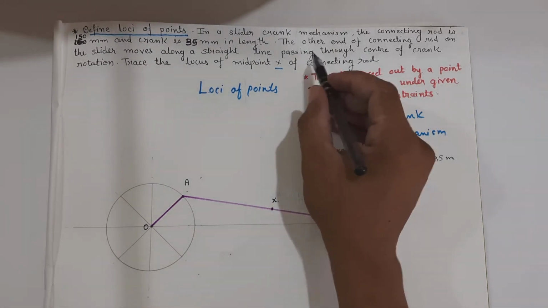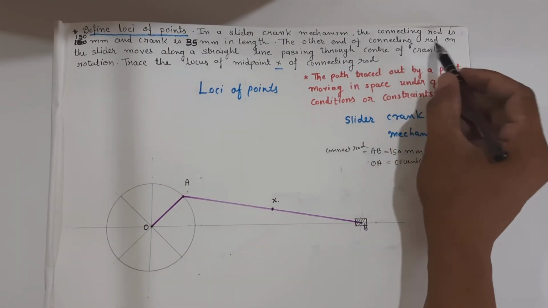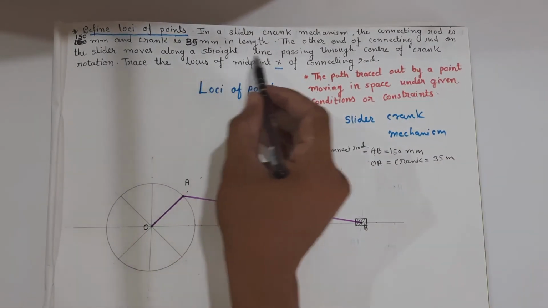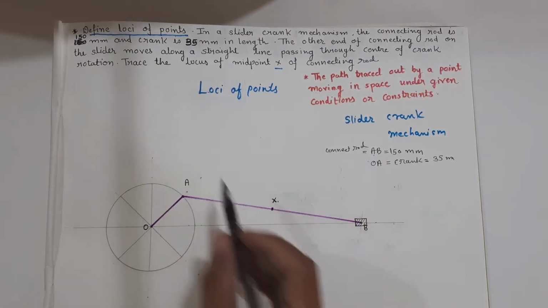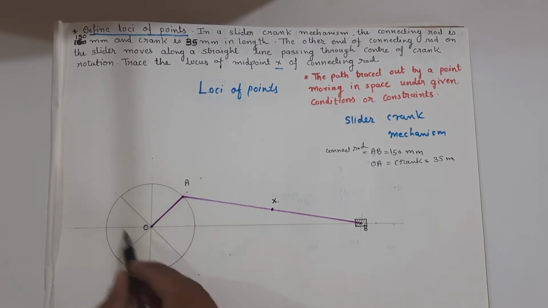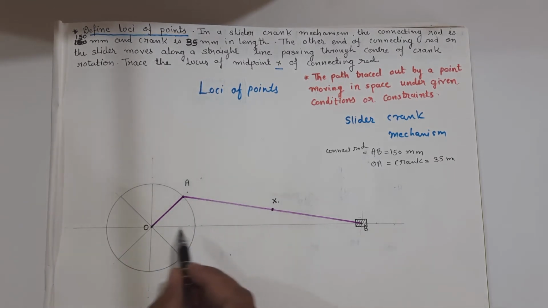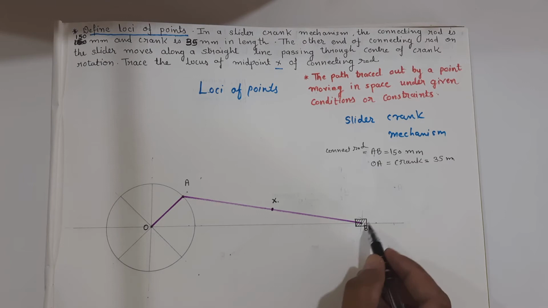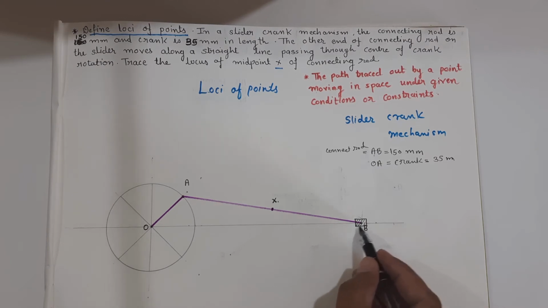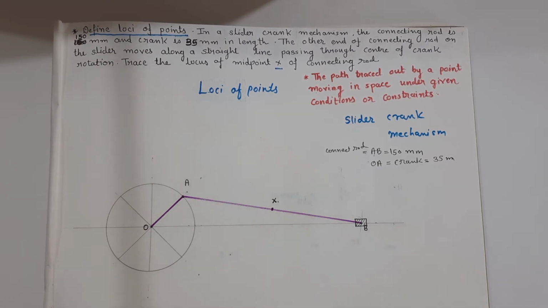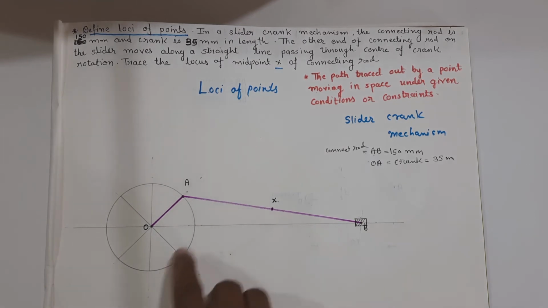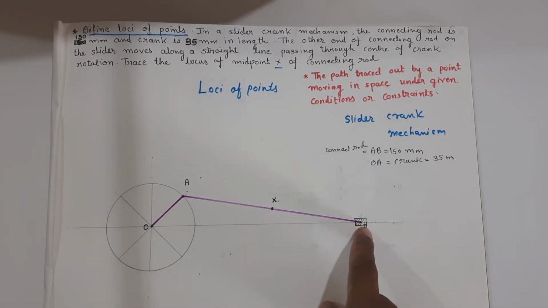Here it is given that the other end of the connecting rod on the slider moves along a straight line passing through the center of the crank rotation. So we will get the locus of point B on this line.